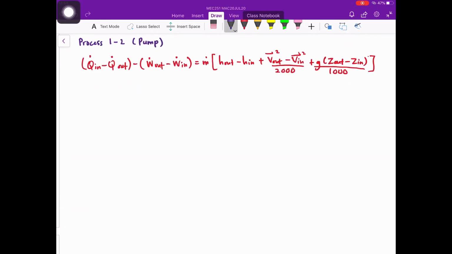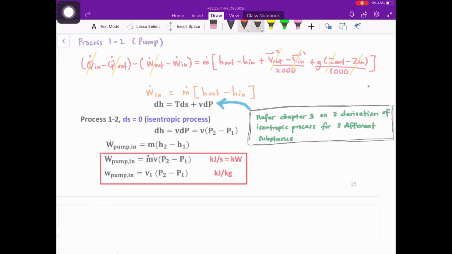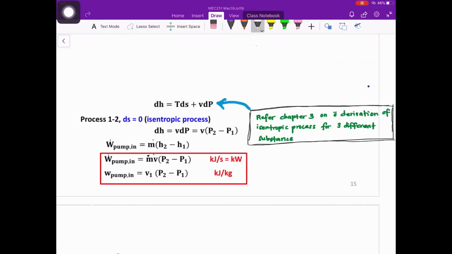Now let's have a look at each device. For process 1 to 2 at the pump, from the steady flow energy equation, since the pump consumes power during the operation and we neglect the terms heat transfer rate, kinetic energy, power out and potential energy, we are going to have this expression. Based on the derivation of the isentropic process for 3 different substances as discussed in chapter 3, we have this expression.